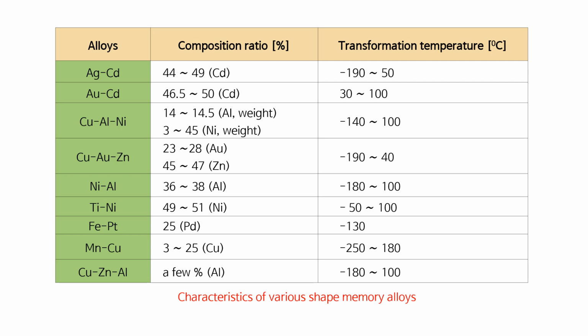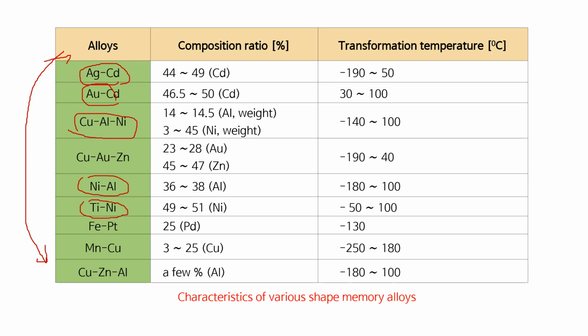This table shows the various types of shape memory alloys. This is silver cadmium and gold cadmium, copper aluminum nickel, nickel aluminum, nickel titanium. So there are several alloys that show shape memory behavior.